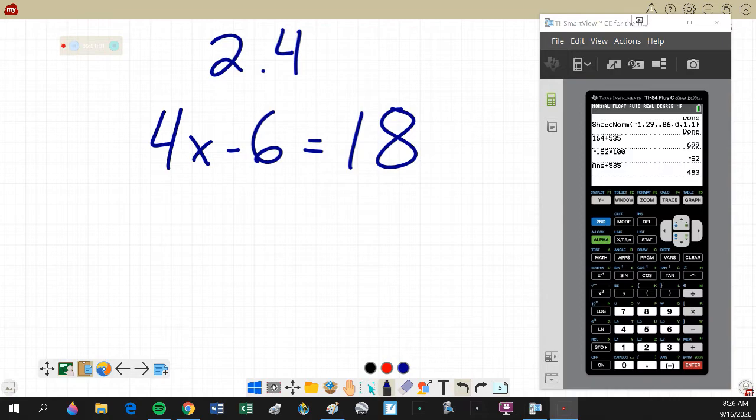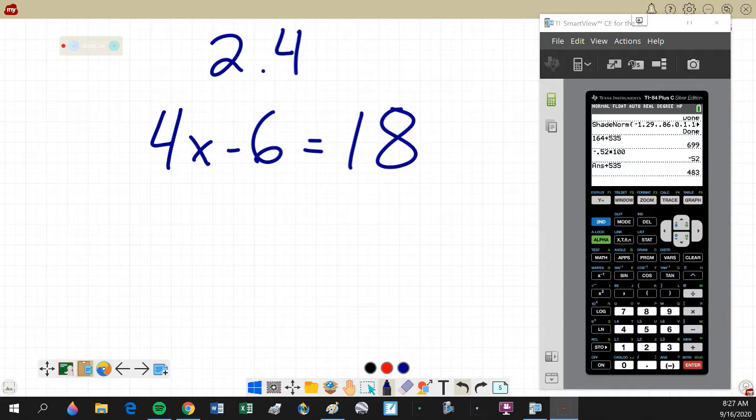So why do the 6 first? Because you do. Good. So, for several years, your math teachers have taught you got to get the 6 away so that you can do the 4, which is true, but they didn't tell you why that's the case.